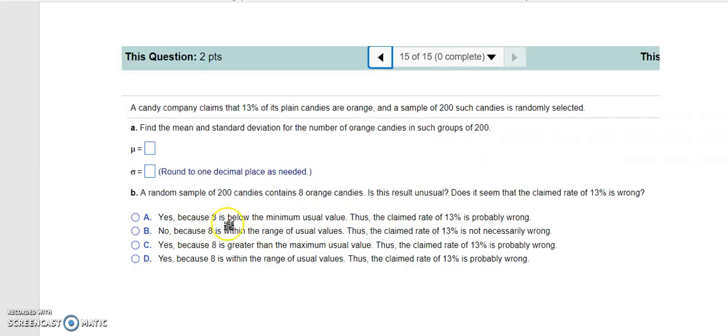And because it's really far, we say yes, because 8 is below the minimum usual value. If it's within 2 standard deviations, that would be fine. But it's far below that. So it is unusual, which means that the 13% claimed rate is probably wrong.